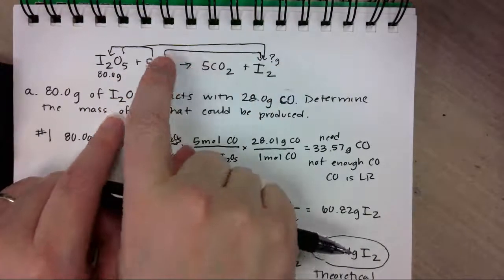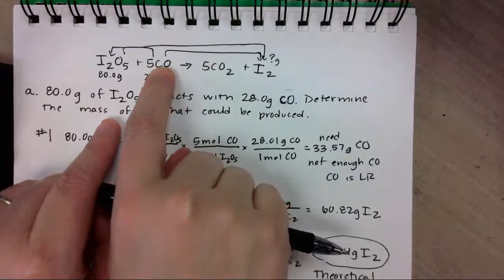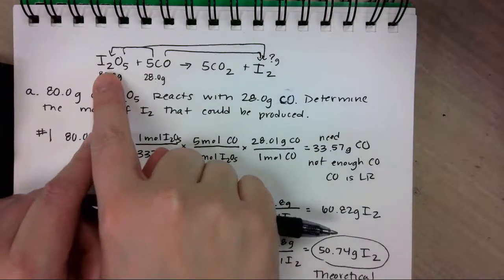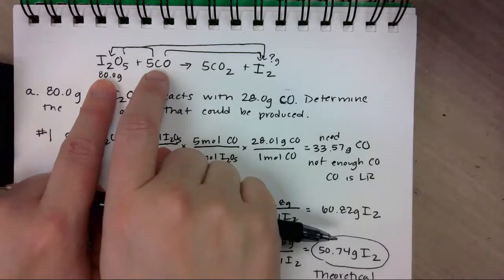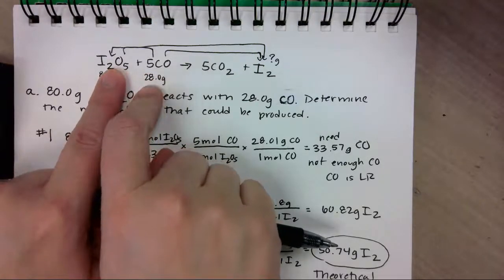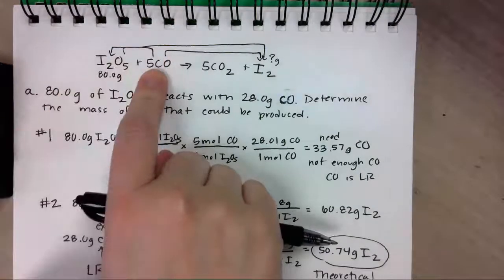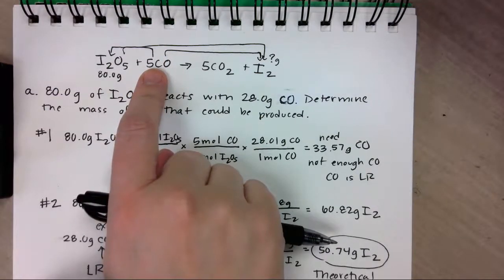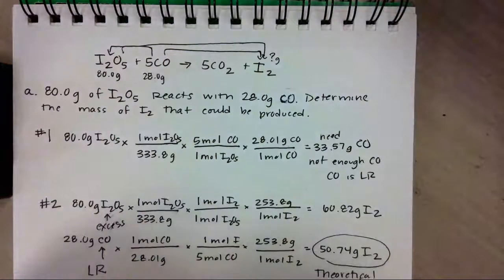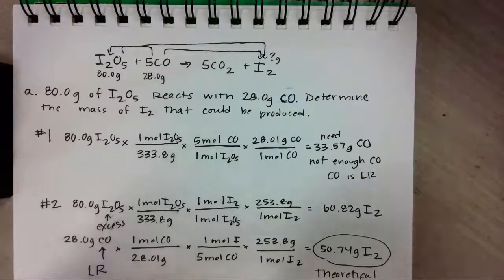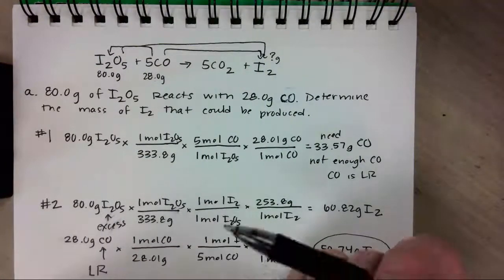If I'm going from here, CO, to this, it's telling me how many grams I would need to react with all of this 28 grams. I could also go the other direction to the carbon monoxide and it would solve the same thing. Okay, so stoichiometry is very powerful, but you have to be intentional with how you're doing it and what makes sense.